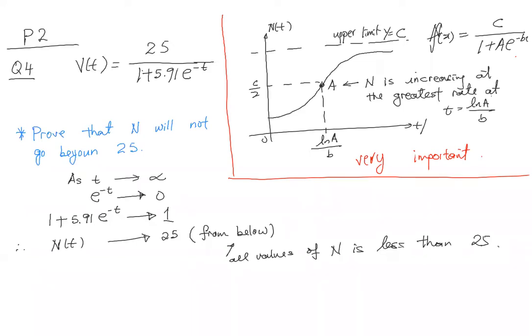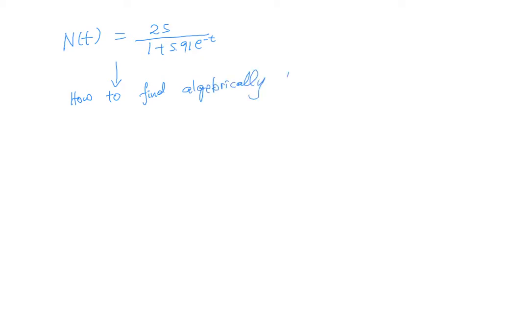Okay. Another thing about this function is, do you know how to differentiate this function? If I give you n(t) over 1 plus 5.9 e to the power negative t, how to find, algebraically, n prime t?